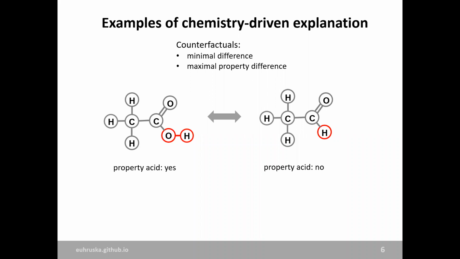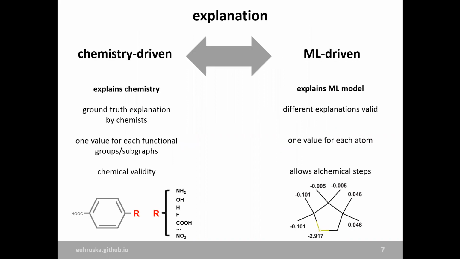In general, this is just an example of how different explanations can vary, and it's also not always unique. So to summarize this kind of comparison between chemistry-driven and machine learning-driven, the chemistry explains more the chemistry, and the machine learning explains more that particular model trained with the machine learning. And chemistry can have a ground truth explanation in a specific domain.